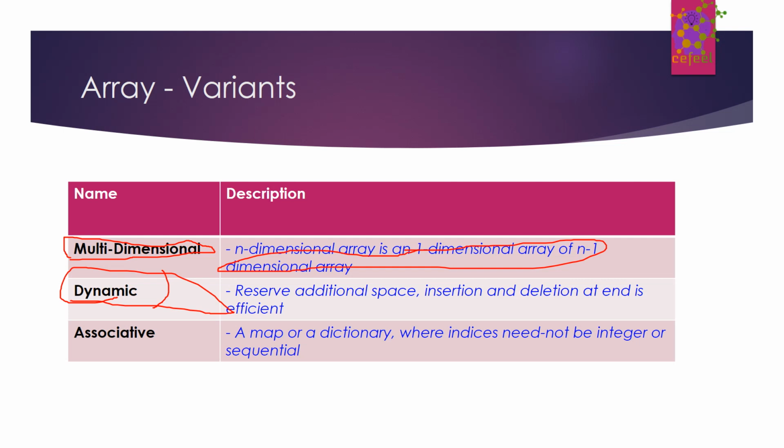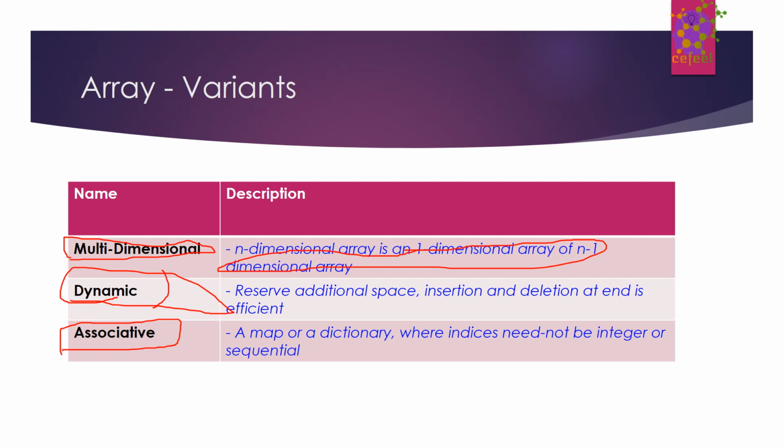The next is an associative array, or basically a map or a dictionary, sometimes called a hash map. In this case, the array indices may not be numbers. The array indices itself could be a string, or they may not be sequential.